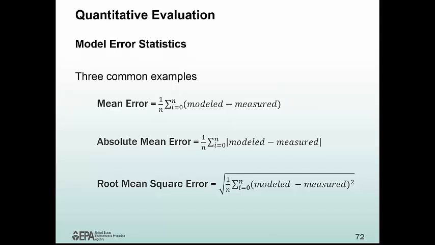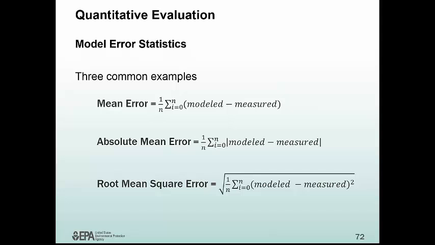You'll note that all of them on the right-hand side are measures of the model error, as defined by the modeled value minus the measured value. So the mean error, the first one, can be positive or negative.